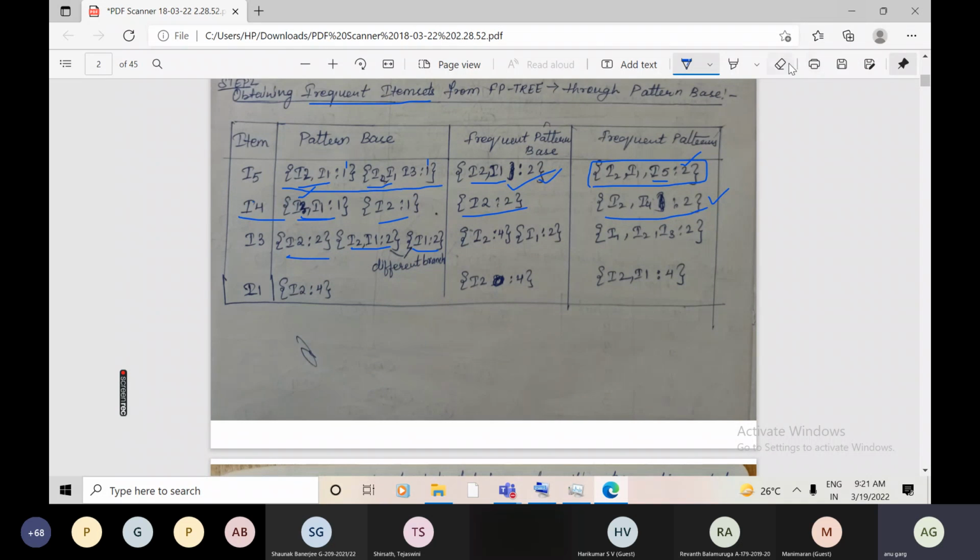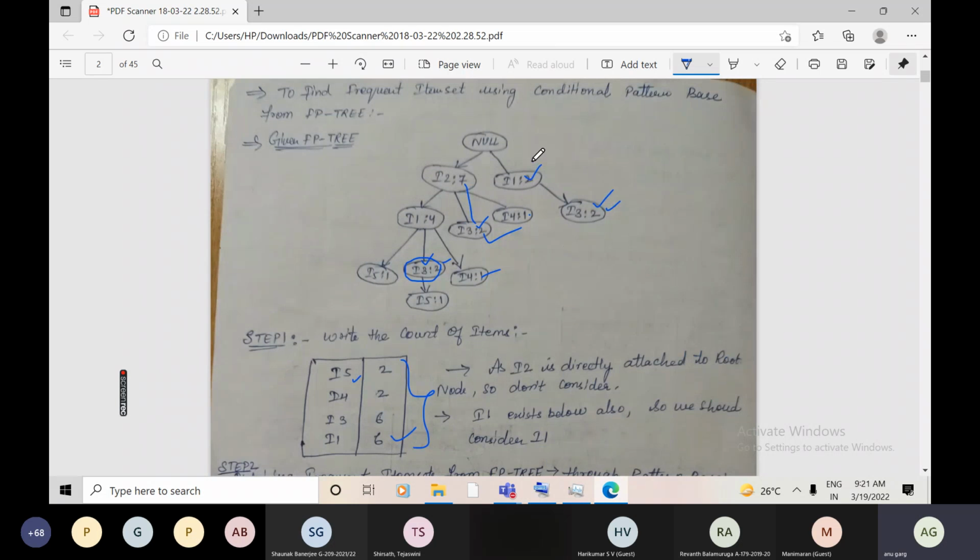Now you have to understand carefully what I'm going to do. You have to find the common. But you take common from these two, and this one will be separate, because if you see here, this is a separate branch altogether.